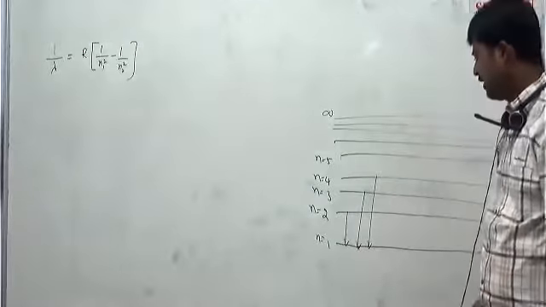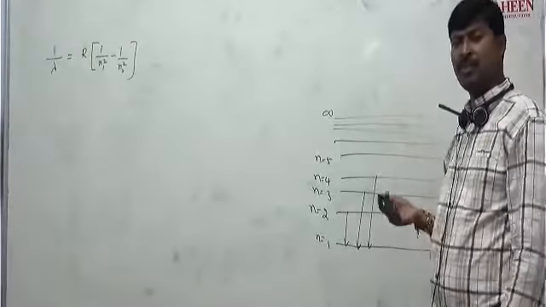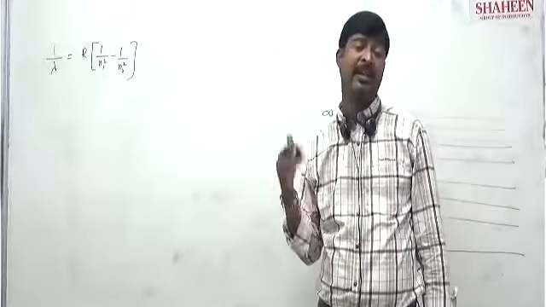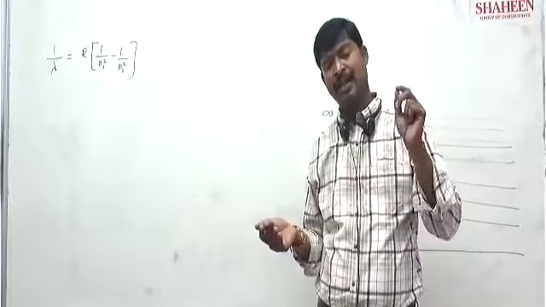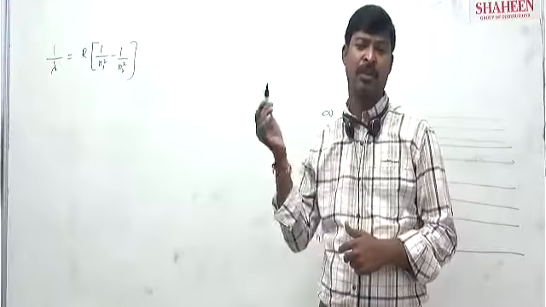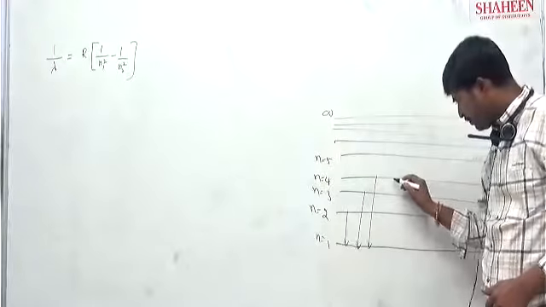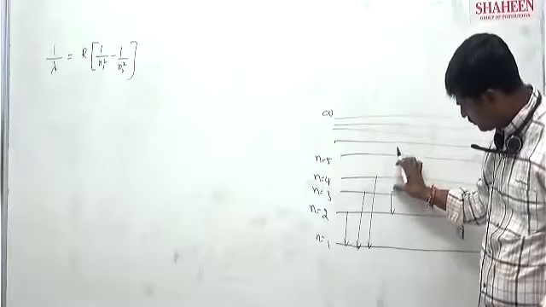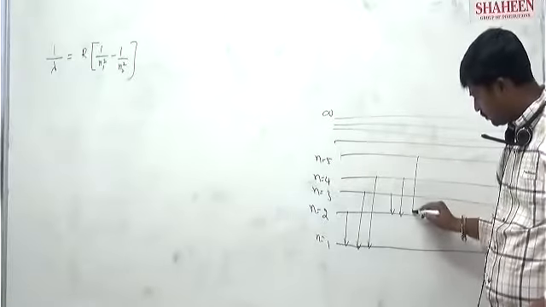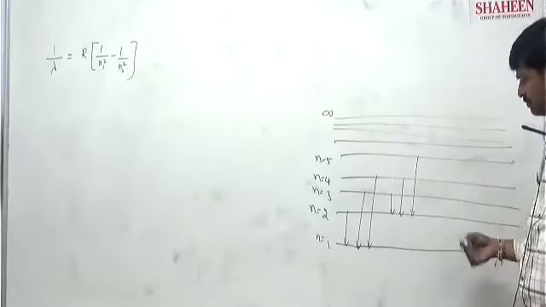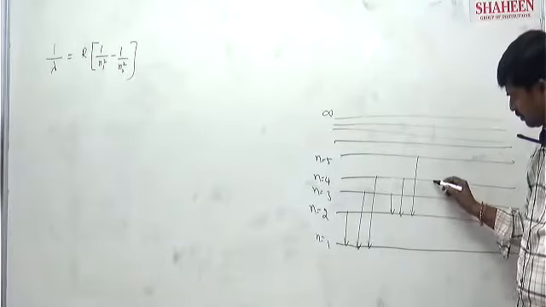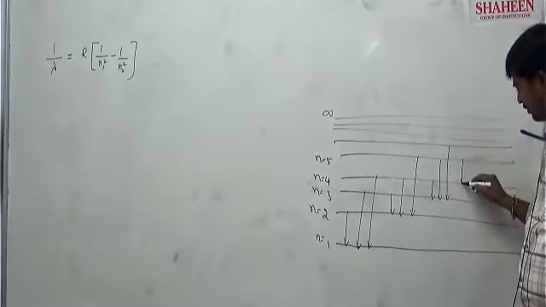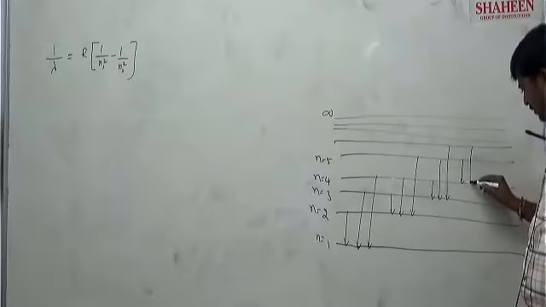Second, the Balmer series. Any electron jumping from a higher excited state to the second state, that means it starts from third to second, fourth to second, fifth to second, etc. And next, the Paschen series, and thereafter the Brackett series.